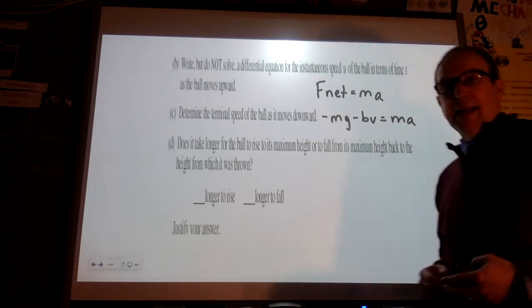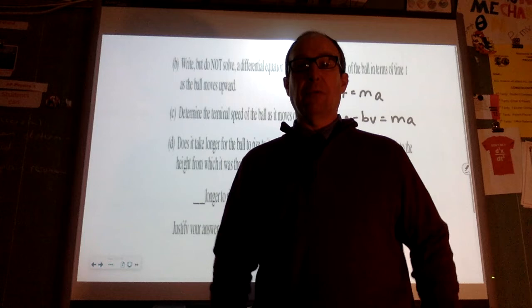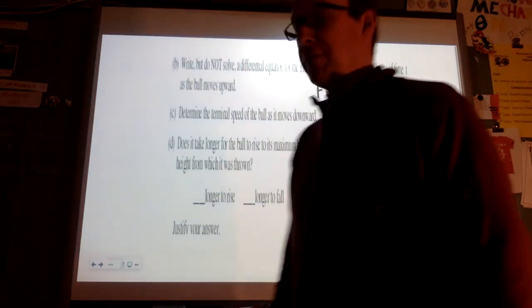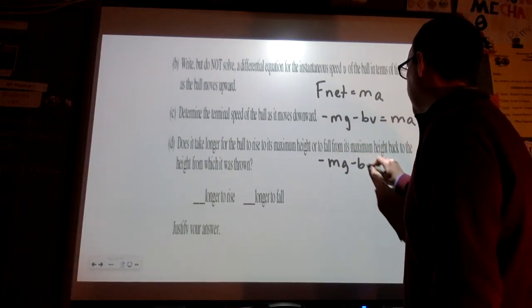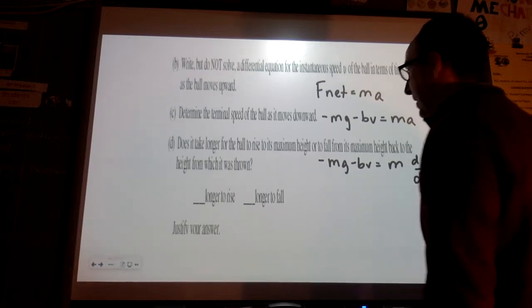Again, as is the case with all of these problems, they want you to express acceleration in terms of velocity and its function of time. So I would write this as minus mg minus bv equals m dv/dt.